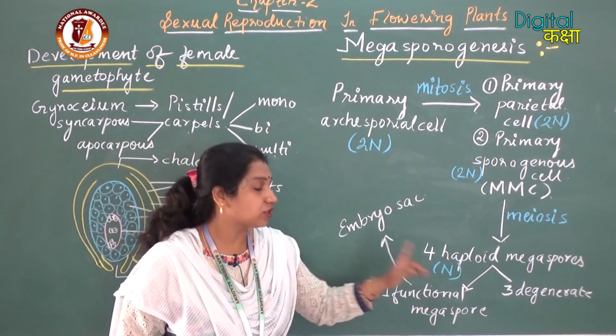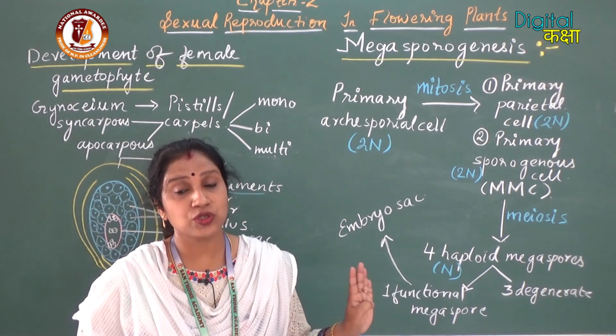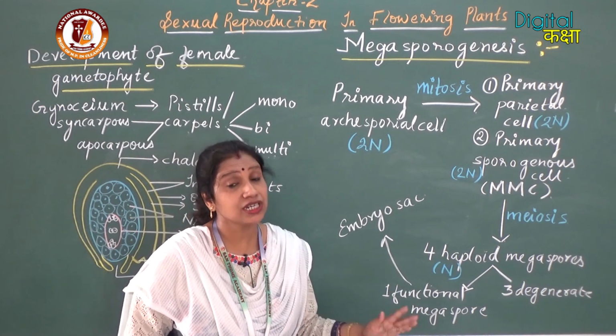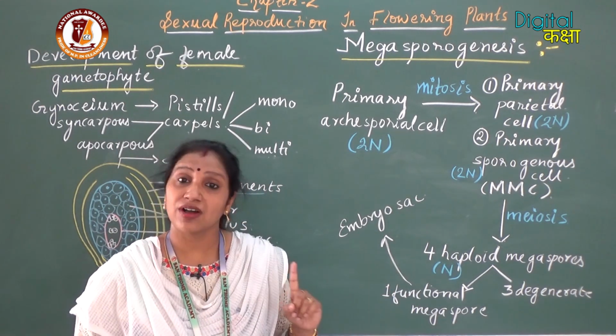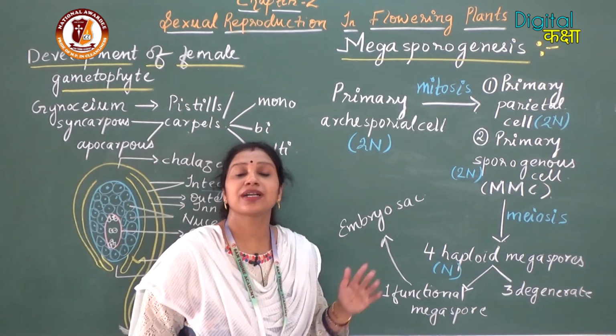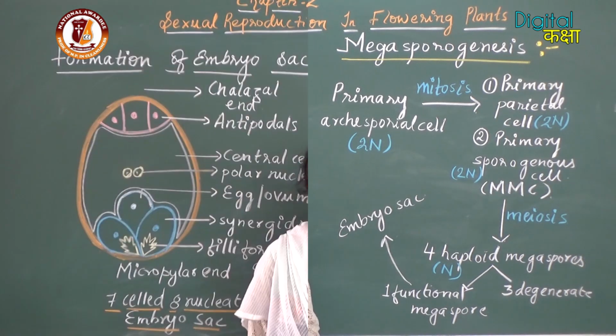Understood? So only one is functional there. All the 4 microspores, all the 4 pollen grains, were functional, but here only 1 functional megaspore is there, and that functional megaspore will form the embryo sac.